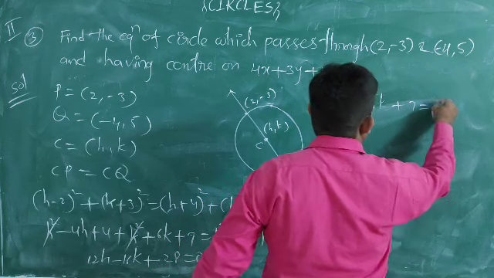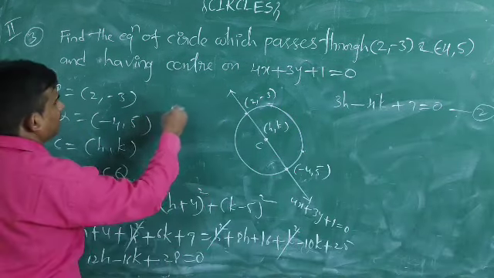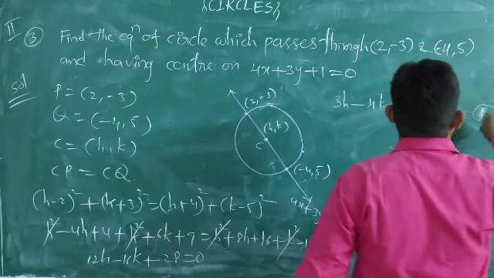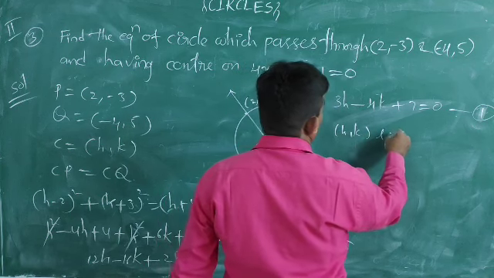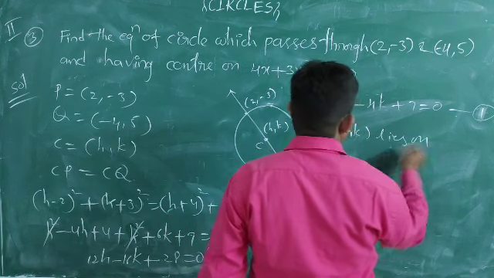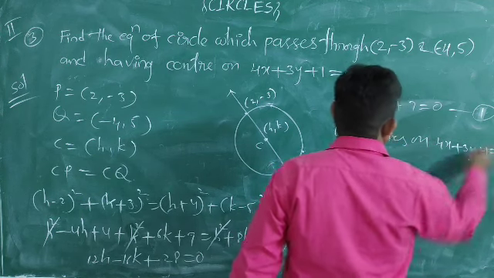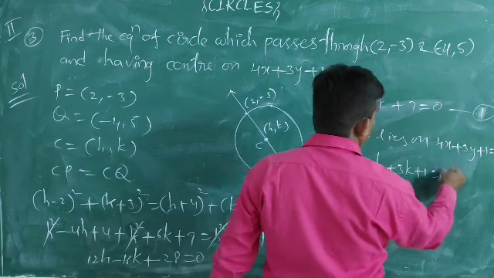See, this is equation number 1. Our other equation, h comma k lies on 4x plus 3y plus 1 equal to 0, so 4h plus 3k plus 1 equal to 0. This is equation number 2.